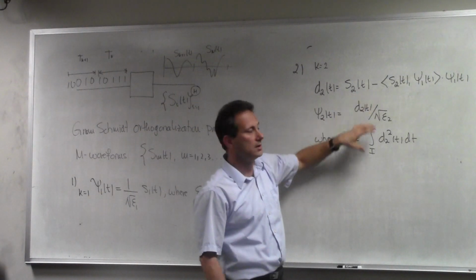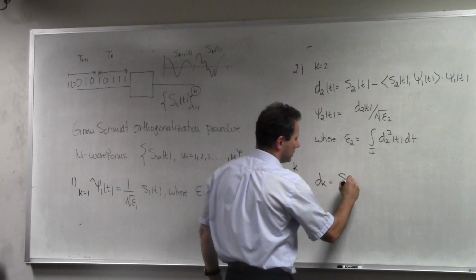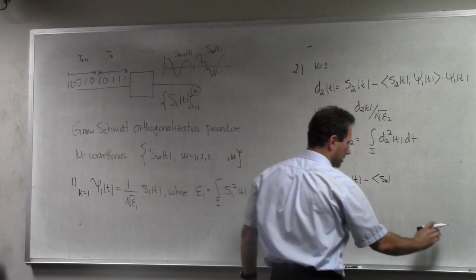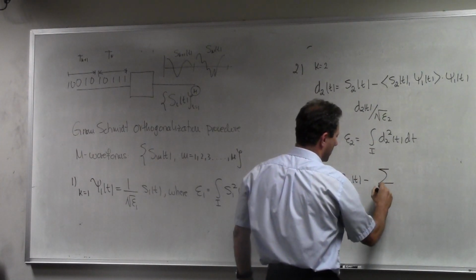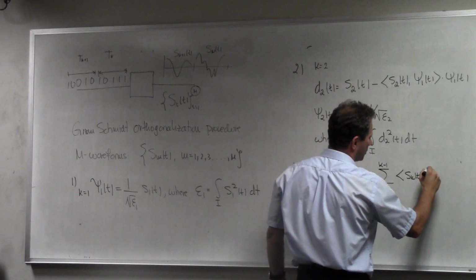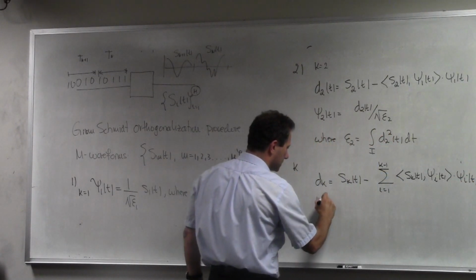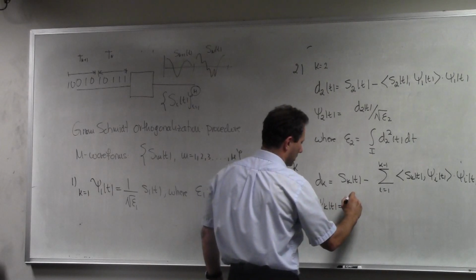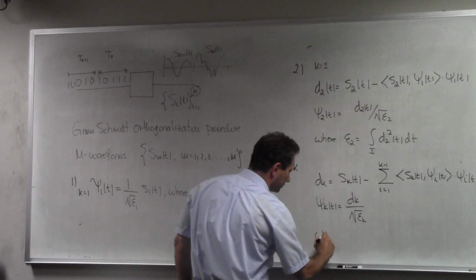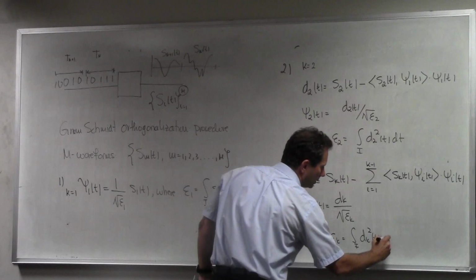In general, for k, you get d_k as s_k(t) minus the sum, where i goes from 1 to k minus 1, of s_k(t) in dot product with psi_i(t) times psi_i(t), and then your psi_k(t) becomes d_k divided by the square root of epsilon_k, where epsilon_k is an integral over I of d_k squared of t dt.